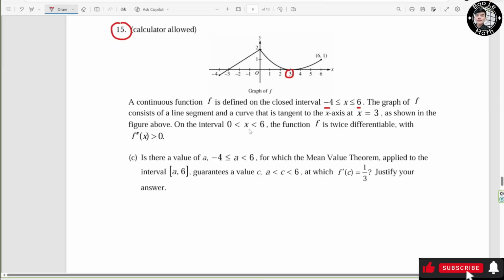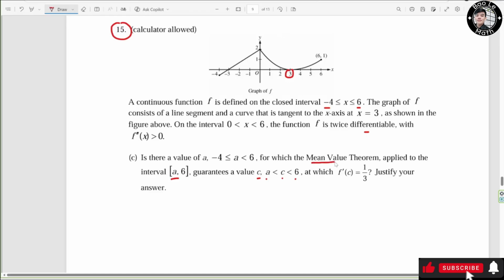On the interval 0 to 6, the function f is twice differentiable with f double prime of x greater than 0. Question C. Is there a value of a between negative 4 and 6 for which the mean value theorem applied to the interval a to 6 guarantees a value c between a and 6 at which f prime of c equals 1 over 3?